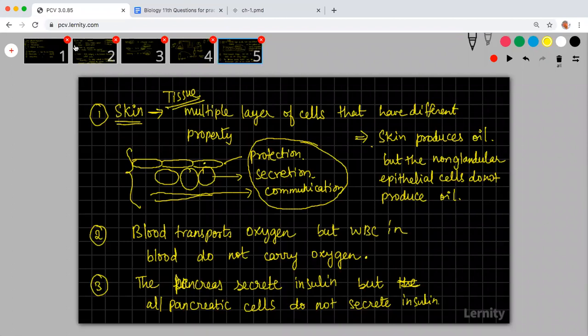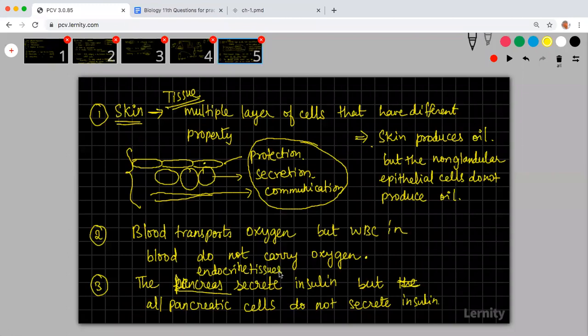Hey, who said pancreas is not a tissue? Pancreas is an organ which is made up of multiple tissues. If you want to be more specific, you add the endocrine tissues of pancreas.